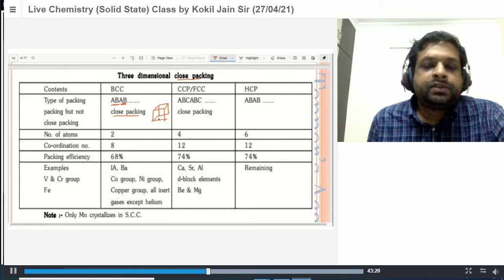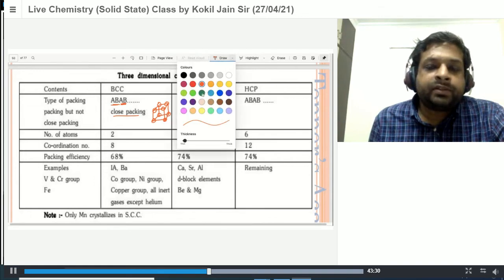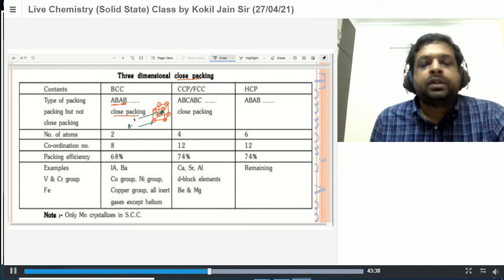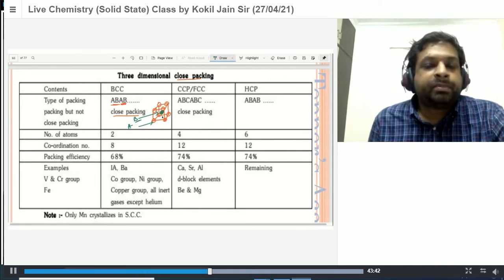These were the first layer, and at the center of it there is another layer, let's say at the body center. This is your A layer, and this is your B layer. This is what's happening in the case of AB type of packing.